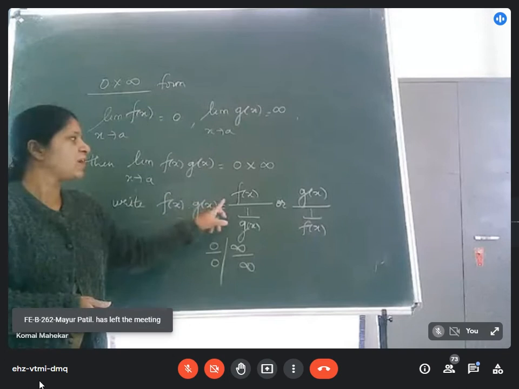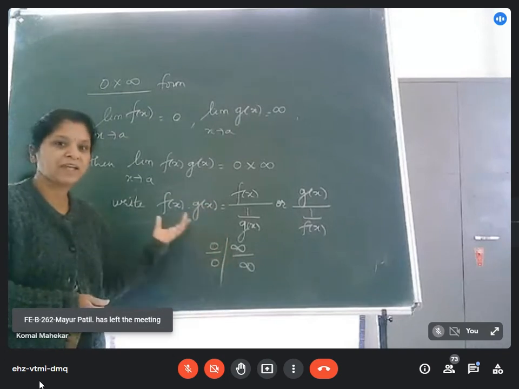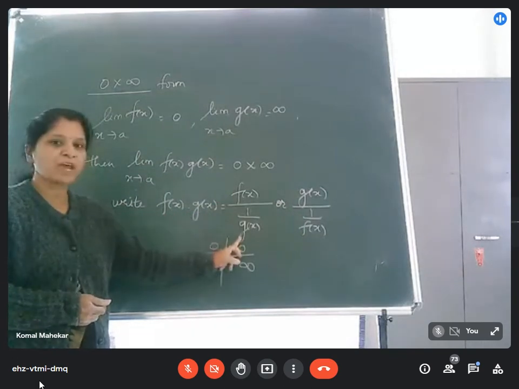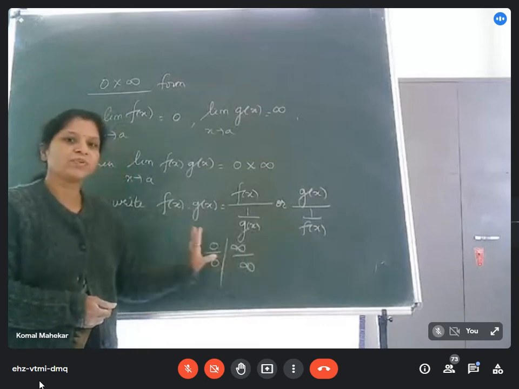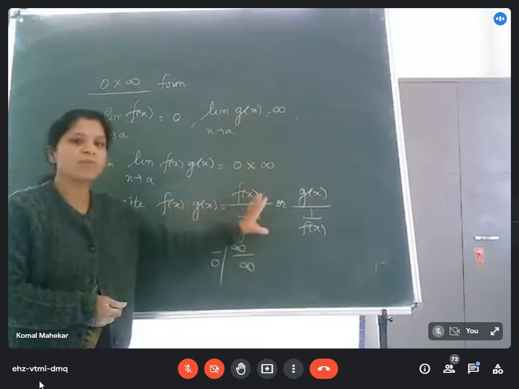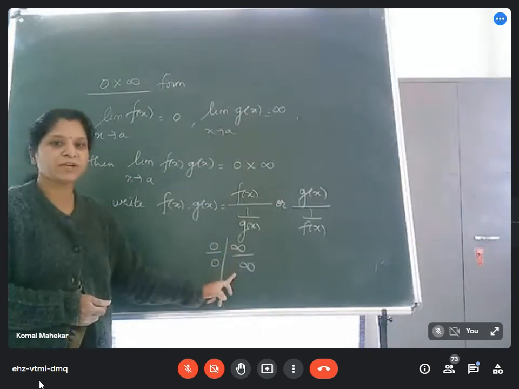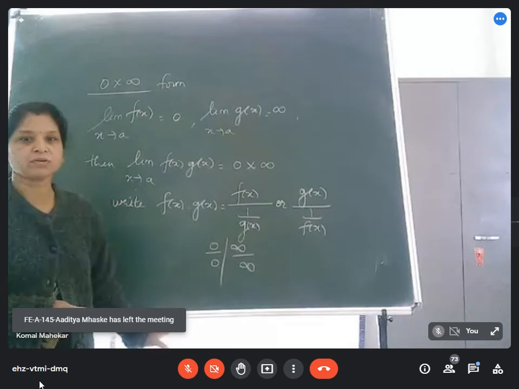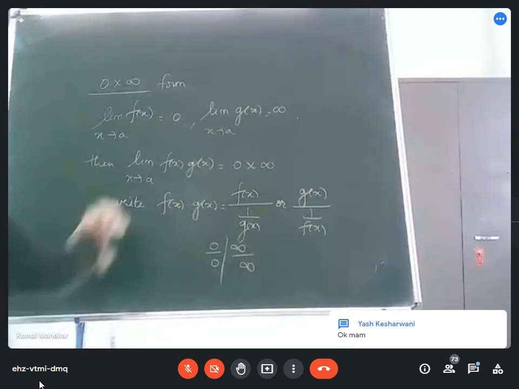We will convert it into 0 by 0 or infinity by infinity form by writing this function fx into gx as fx upon 1 by gx or gx upon 1 by fx. We will write this function in this form, then it will get converted into 0 by 0 or infinity by infinity form, and then we will apply the L'Hospital rule. Okay? So we consider the example now.